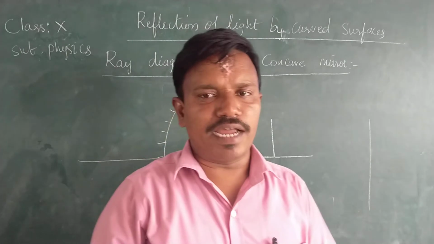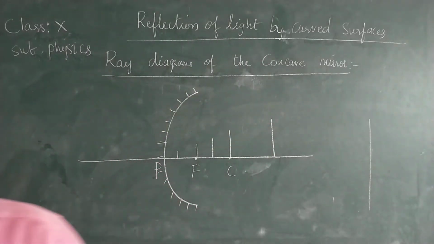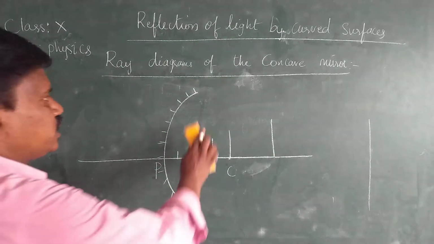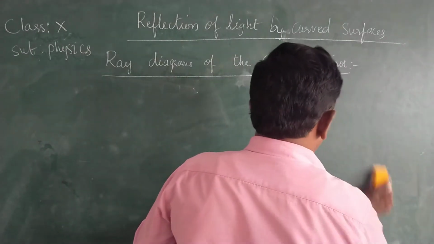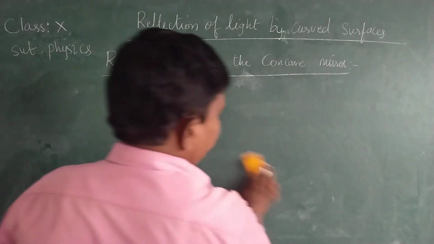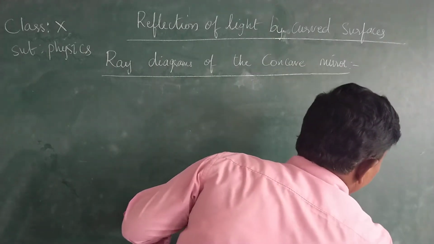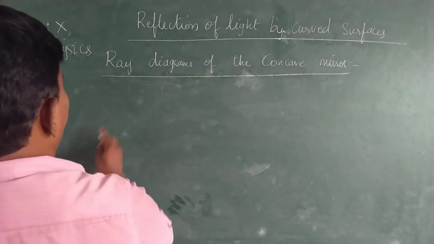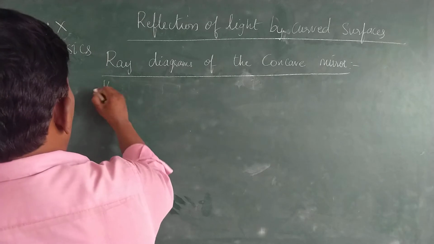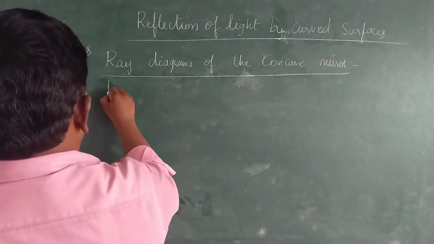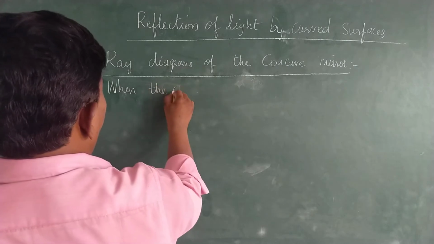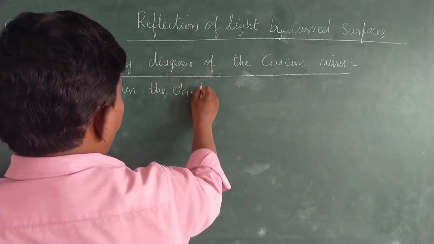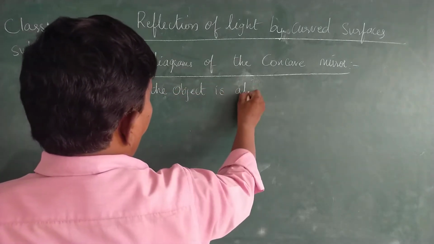Now coming to the first position. What is the first position? The object placed at infinity. Very important. Look at it carefully. Ray diagram when the object is at infinity.